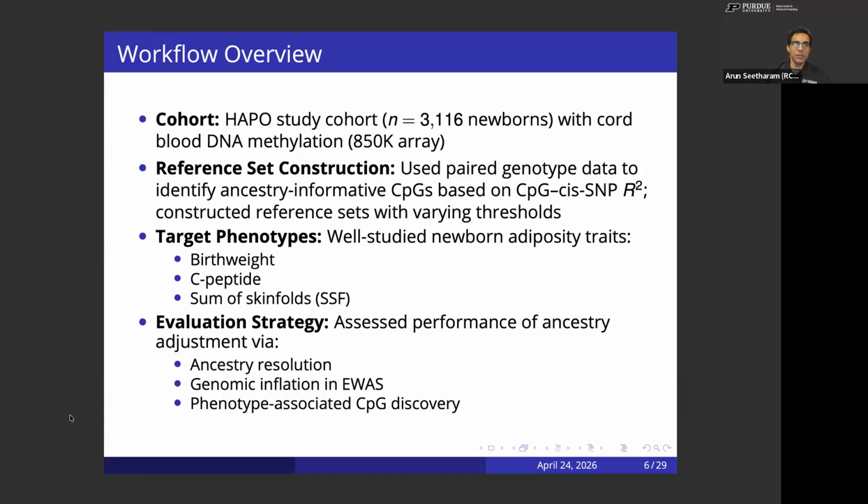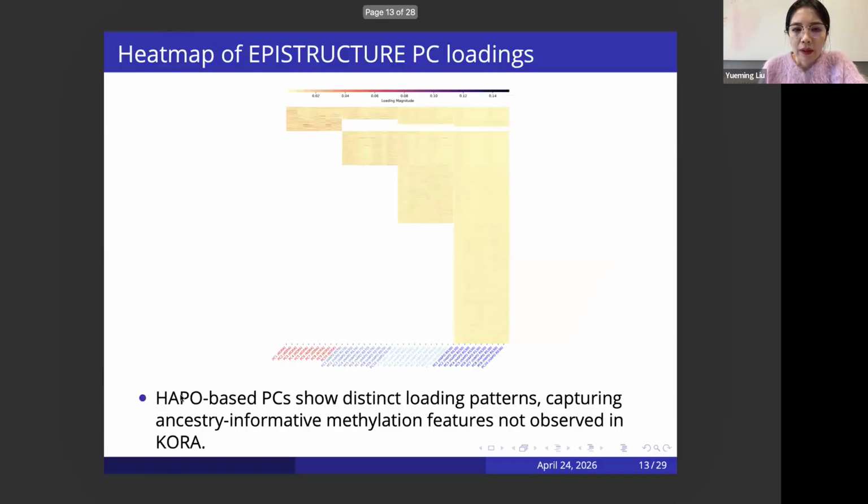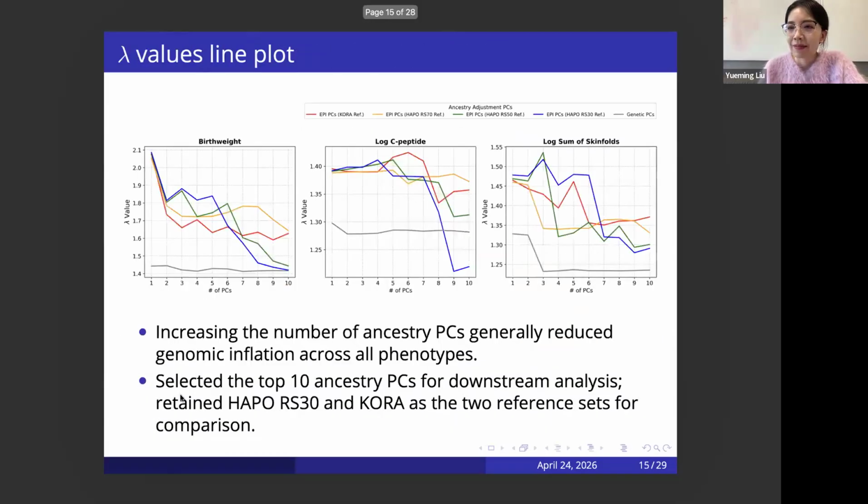Looks like we have a question from the audience. Jong Yoon asks, do you recommend using genetic PCs instead of epigenetic PCs to account for the population structure if the genetic data are available? Actually, from our analysis, we can see here sometimes the epi PCs perform better than the genetic PCs.